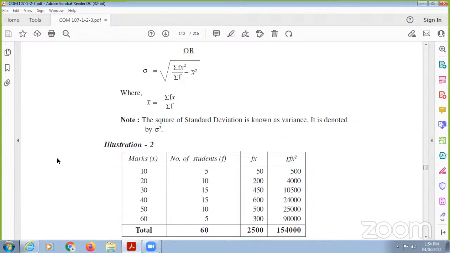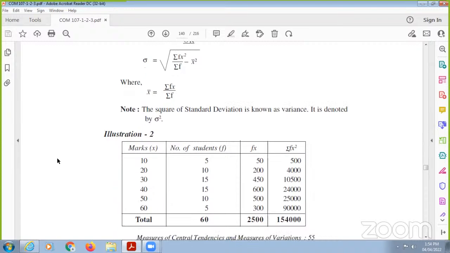Now fx, that means multiplication of 10 into 5, 50; 20 into 10, 200; 30 into 15, 450; 40 into 15, 600; 50 into 10, 500; and 60 into 5, 300. The total of these is 2,500. Now we have to make the square of it.